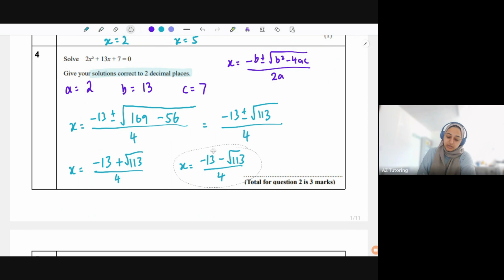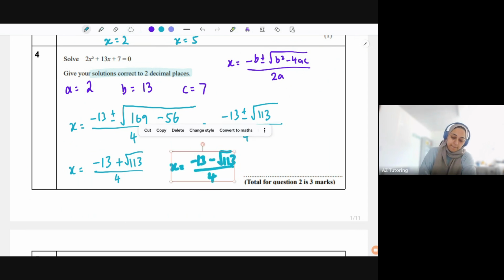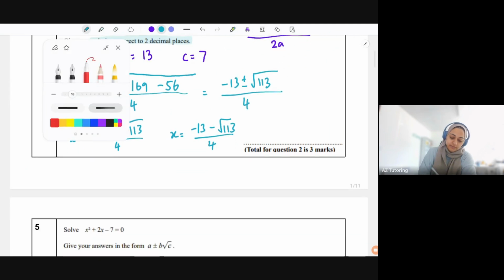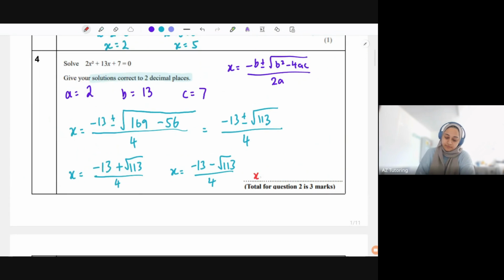So putting these two in the calculator, let's see what we get. I'll just write what x actually does equal. It's minus 0.59 to two decimal places, or it's minus 5.91.